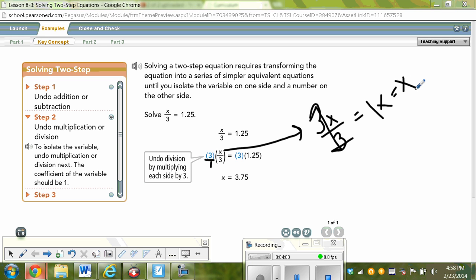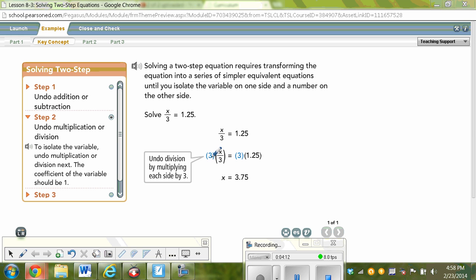We don't want to write more than we have to, so we write just a plain old x. So we multiply, and it's going to leave us with just an x. You bring down your equals. 3 times 1.25 is going to be 3.75. So x equals 3.75. Again, write down every step that you need. These are essential pieces. These are things you're going to be living by.